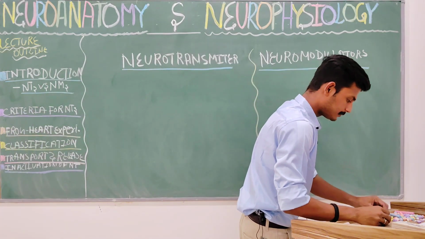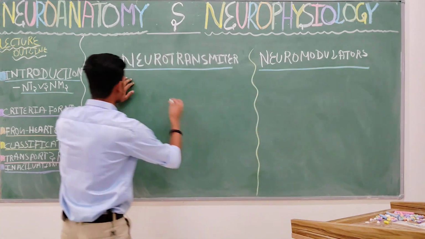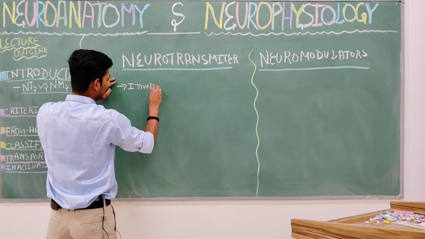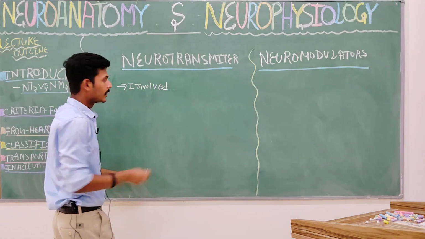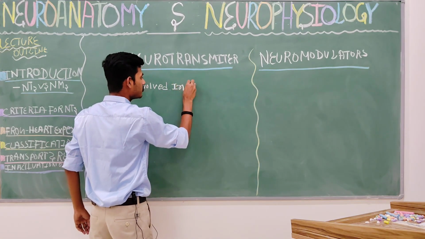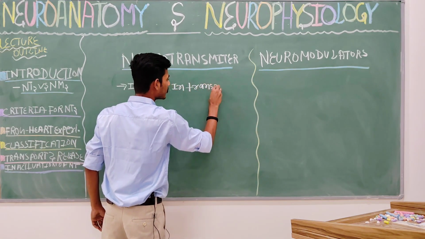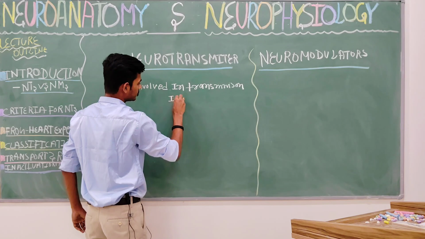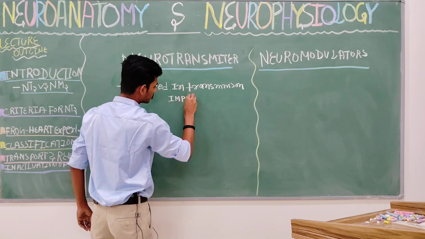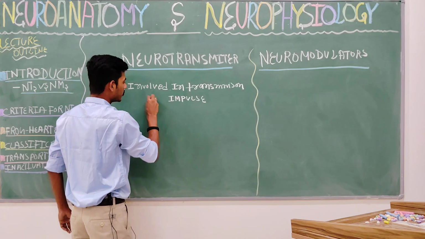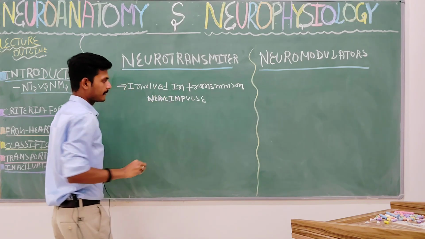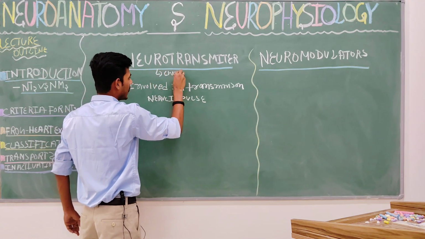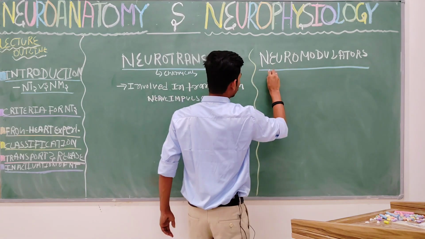But the neurotransmitters are involved in the transmission of the impulse, the nerve impulse basically. Are you getting my points? Both are a kind of chemicals, isn't it?